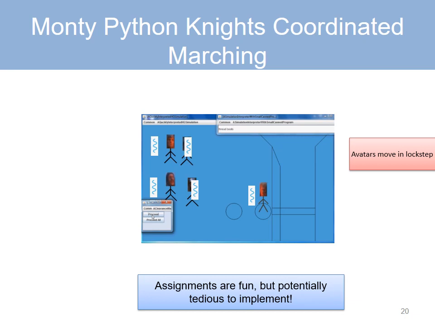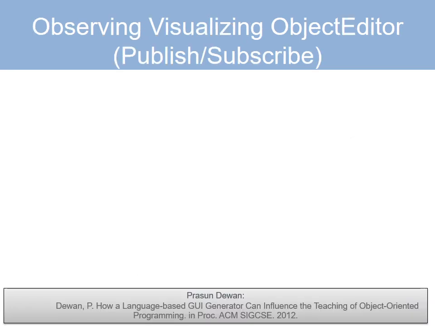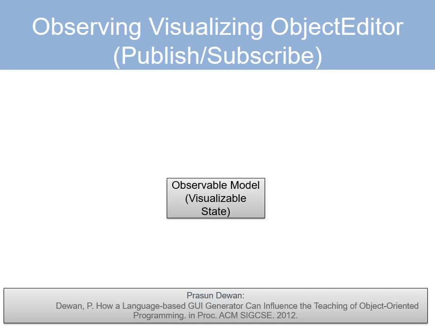But if you have to go and create all this visualization, it's going to be tedious to implement and not doable, actually. So what I've done is, I've used what in software engineering is called the observer pattern, and what in common language is often called the publish-subscribe model, where you have an object that creates events to which other objects can subscribe and be observers of.